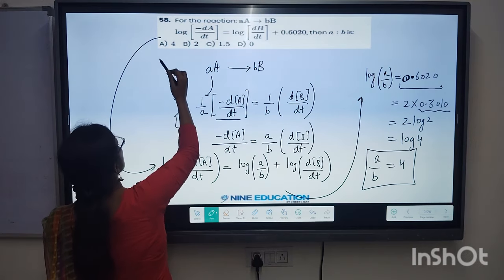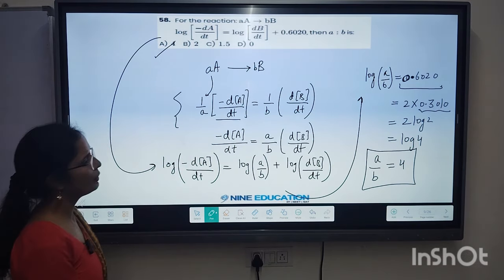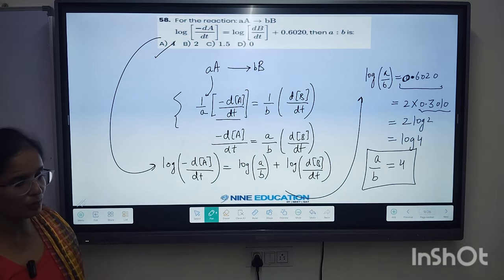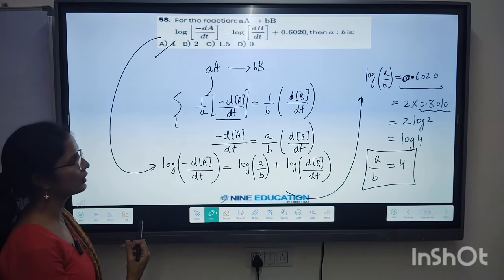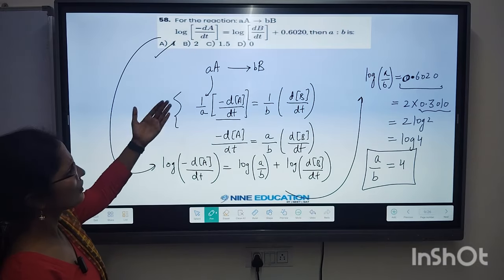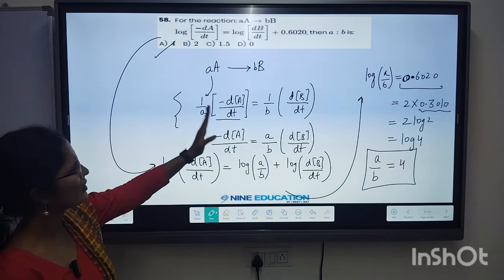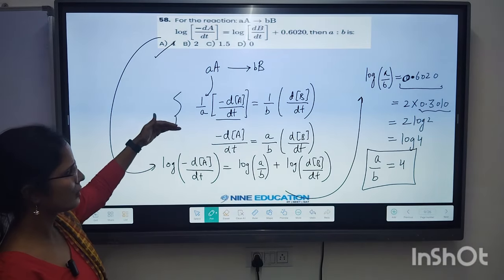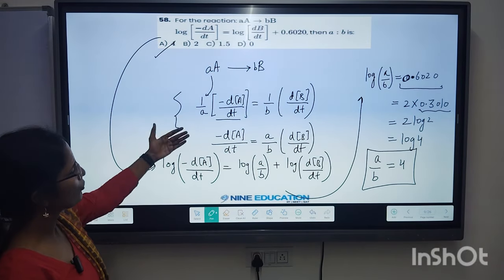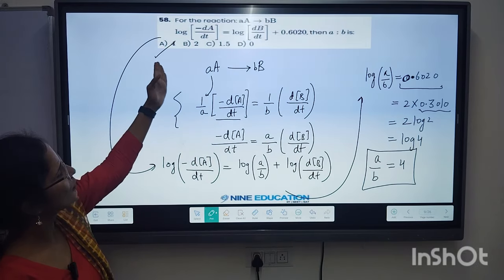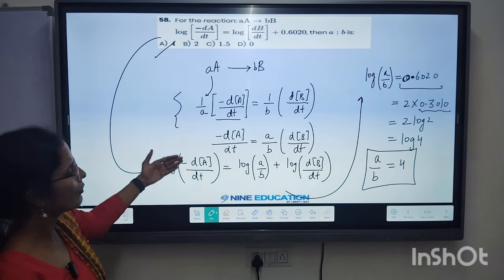Okay, so what will be the correct answer here? The correct answer will be 4 only. And for this question, if I need to summarize what would be the key point to understand the question, it is that some general reaction is there. We know how to write this: 1 by A minus dA by dt is equal to 1 by B. This is a basic idea, followed by we just need to manipulate this equation in such a way that we can make some similar equation which is given, right?